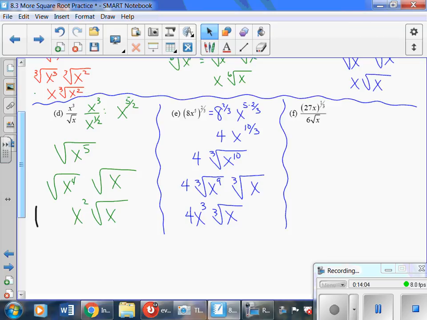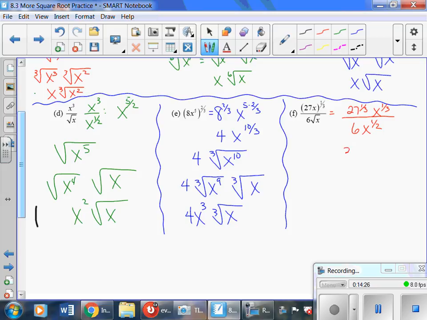And the last problem. Okay, we're going to do the same thing. We're going to multiply this out. So this is equal to 27 to the 1/3 times x to the 1/3 over 6x to the 1/2. 27 to the 1/3 is simply going to be 3.